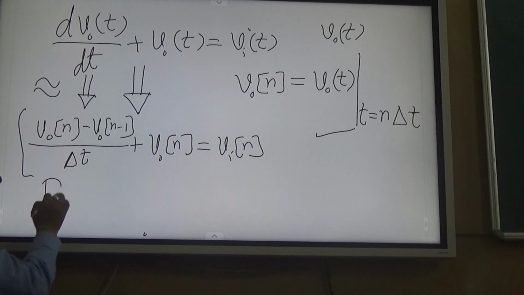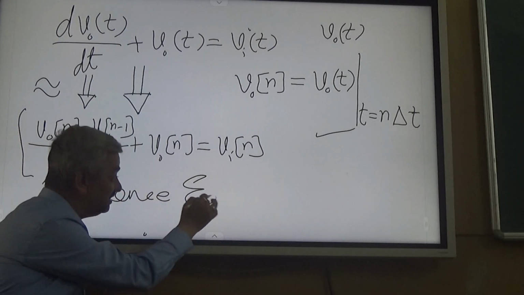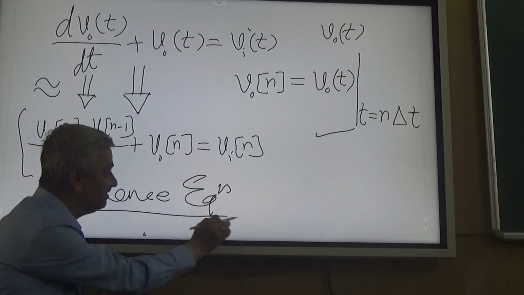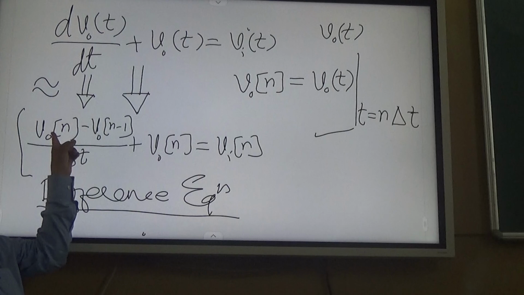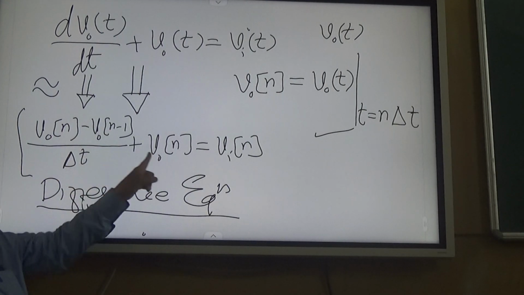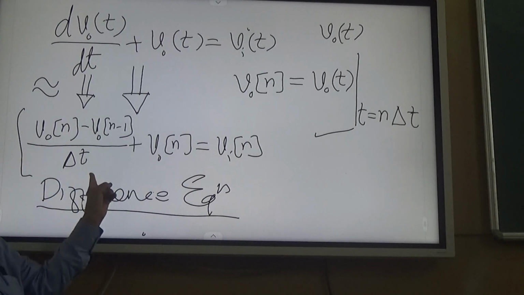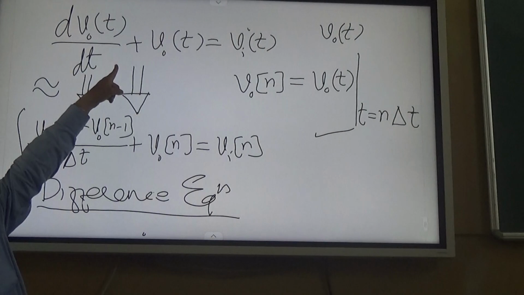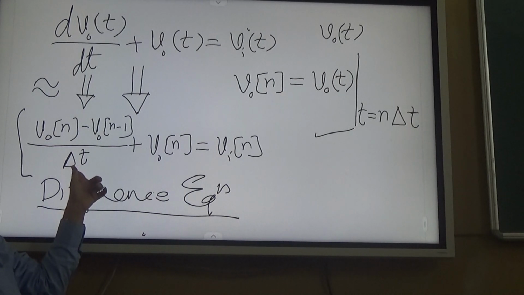So this is a difference equation. This difference equation, VON minus VON minus 1 upon delta T plus VON is equal to VIN, and this equation leads to that equation when delta T tends to 0.